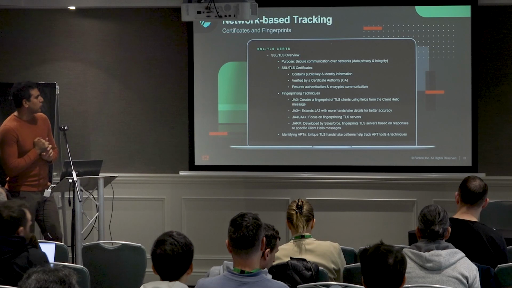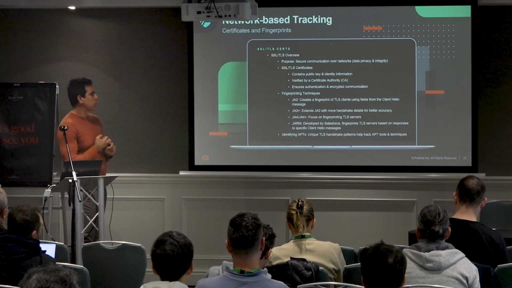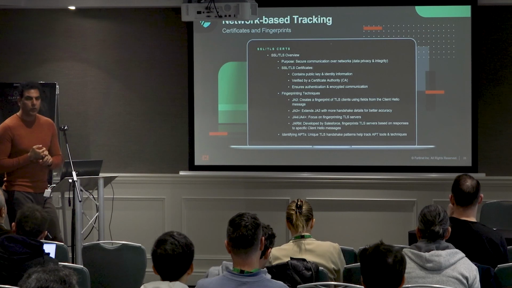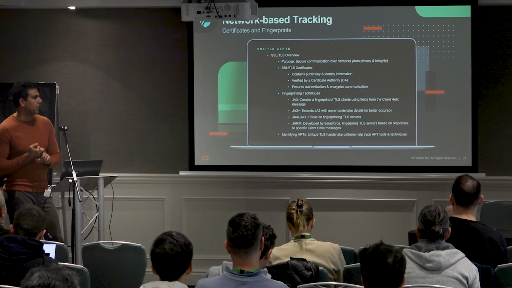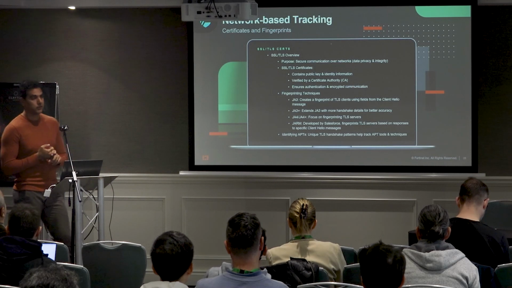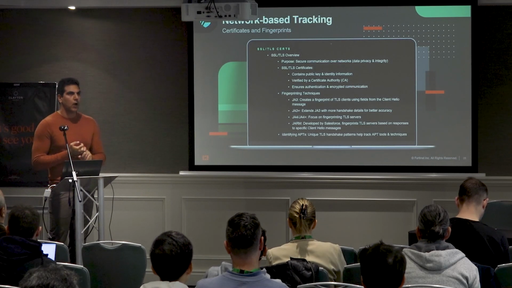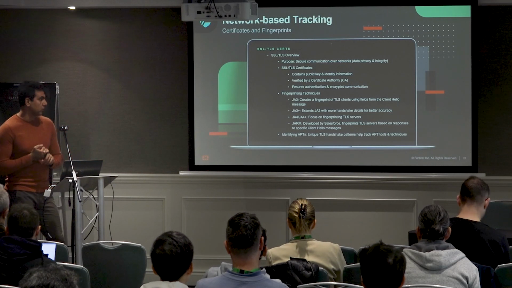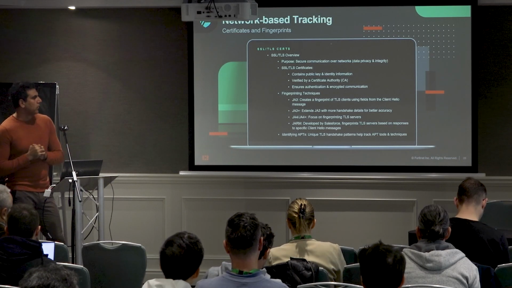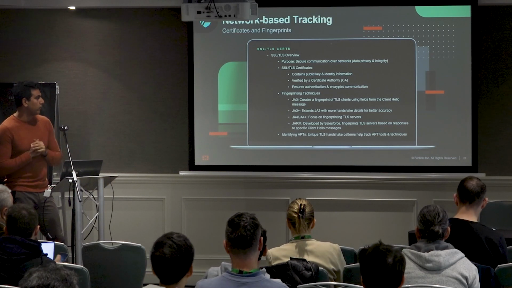JA3+ is an extension of JA3, and it adds more information to improve the accuracy of the method for detecting malicious clients. So it adds things like the IP address and some other information to the handshake in the hash generation algorithm.